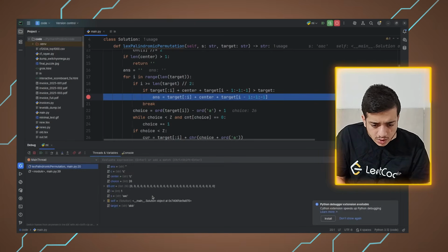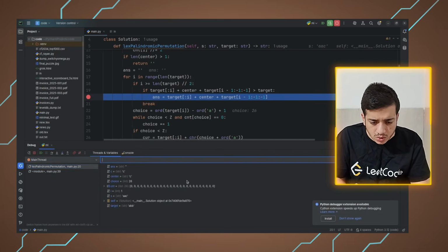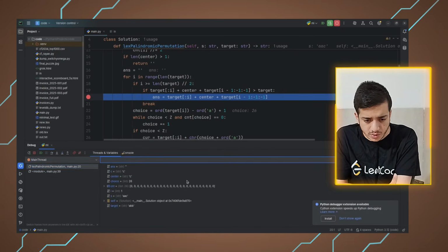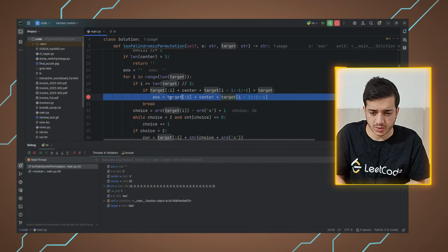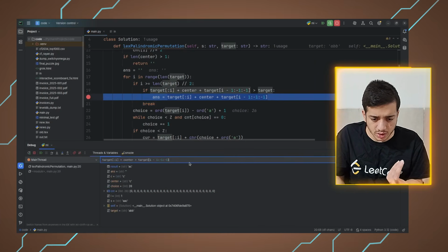Let's go for that. So it's A plus C. I don't understand, really. What is this? Wait. Okay, this should be A, but it isn't.